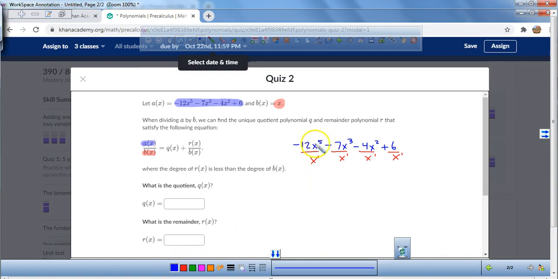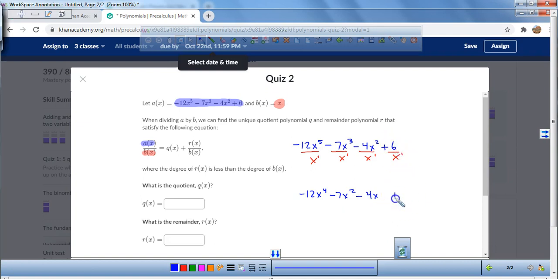So negative 12x to the power of 5 divided by an x is negative 12x to the power of 4. 3 minus 1 is 2, so this is going to be negative 7x squared. 2 minus 1 is 1, so this is negative 4x, but you don't have to put the power of 1, just leave it. And notice you can't divide that.